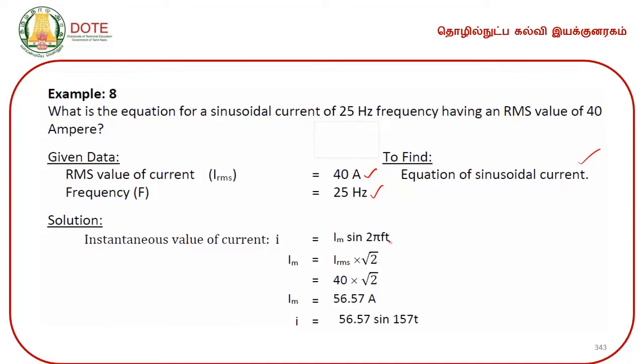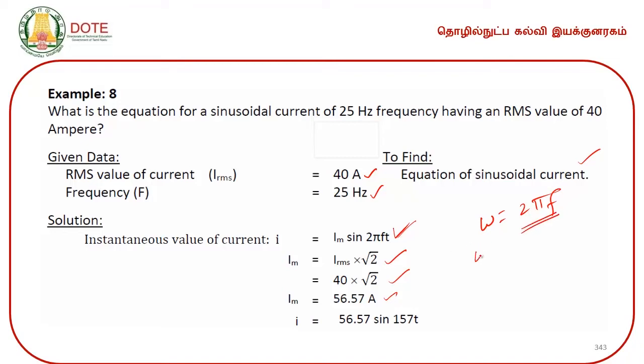The instantaneous value of current I is equal to Im sin omega t. So, omega is nothing but 2 pi f, then Im is equal to I RMS into root 2, which is 40 into root 2, which is 56.57 ampere. So, this 2 pi f we need to calculate, which is left over here.